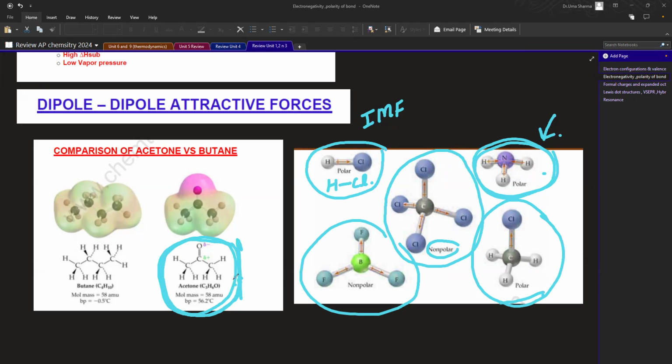Why? Because there is no hydrogen on the oxygen. And what kind of attractive forces are here? I gave you one statement: hydrocarbons are non-polar. So only LDF. So you can compare the melting and boiling points, right? You can see the difference in the boiling point.